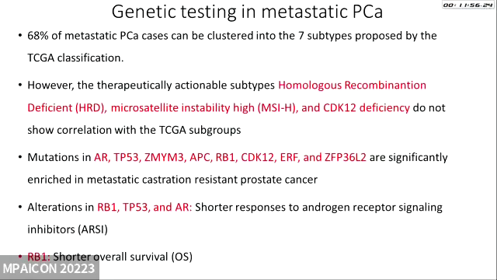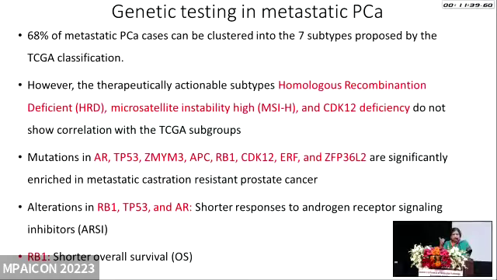Coming to genetic testing in metastatic prostate cancer, I have already stated that TCGA has classified localized cancer into 7 molecular subtypes. If you apply that classification, only 68% of metastatic prostate cancers can be clustered into 7 subtypes. There are additional therapeutically actionable targets.